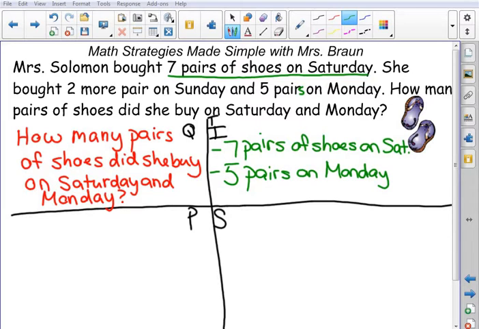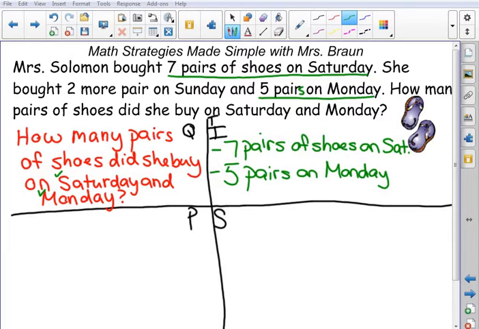Okay, so I've got the Saturday part checked and the Monday part checked. So now I'm going to bring that information down here to the picture. The P stands for picture, and that's how I'm going to represent the problem. I've got 5 pairs on Monday, 7 pairs on Saturday. How can I represent this? So, I'm going to draw a picture.